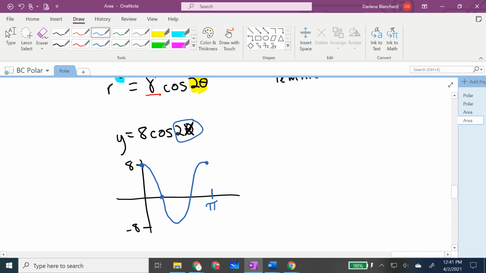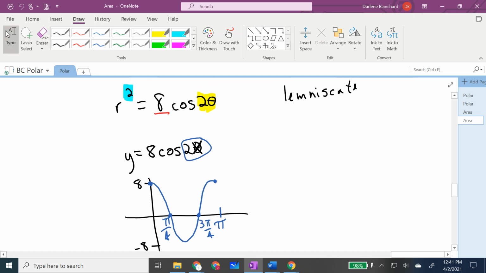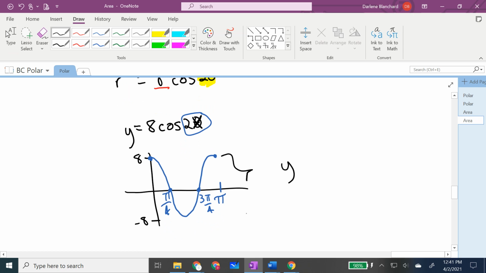Now, I really need to know where r is equal to 0. So this r equals 0 is pi over 4, and this next one is 3 pi over 4. And there's something really important when I go back to r squared. The y values that I see on this graph are representing the answers to r squared.